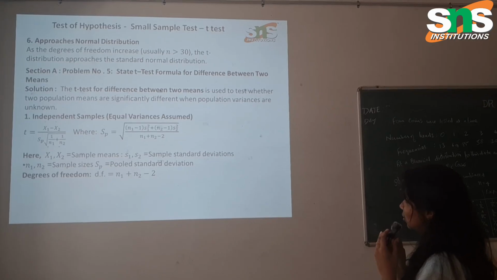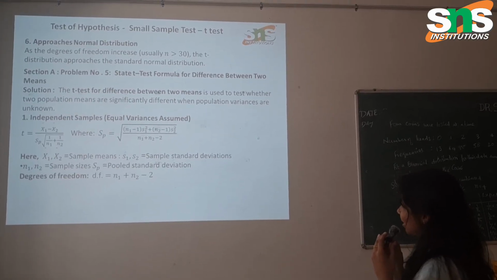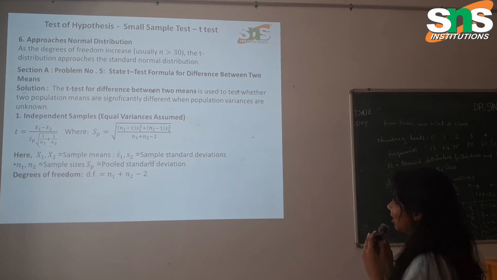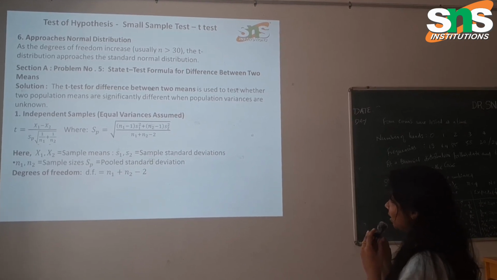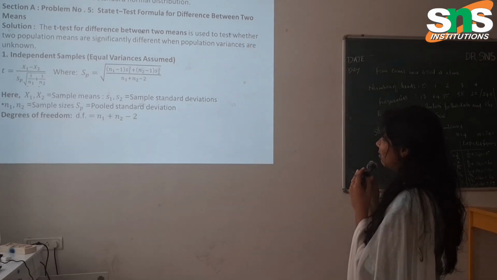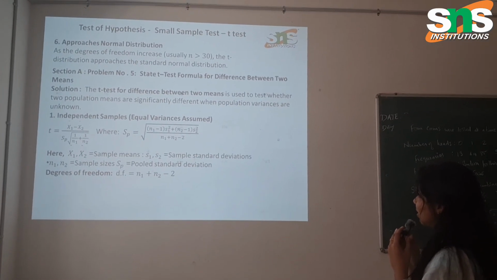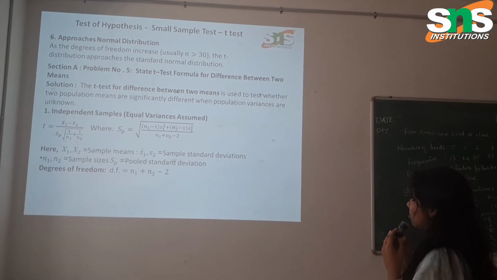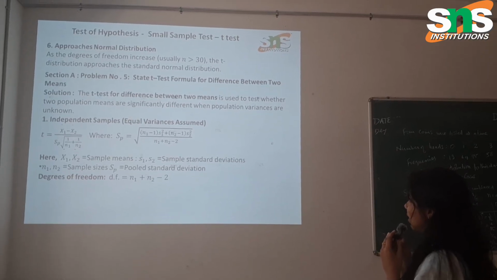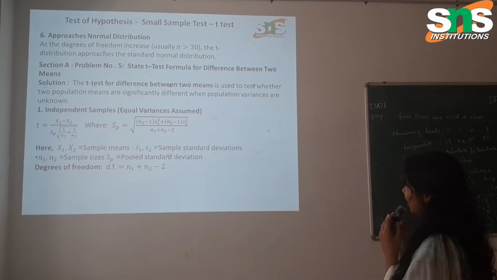Equal variance assumed. t is equal to x1 bar minus x2 bar divided by sp times root of 1 by n1 plus 1 by n2, where sp is equal to root of (n1 minus 1) s1 squared plus (n2 minus 1) s2 squared, divided by n1 plus n2 minus 2.